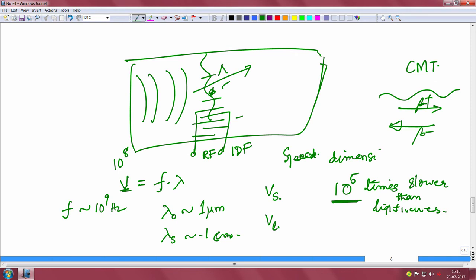This is an additional dimension to microwave photonics. So, the acoustic waves can link microwaves and light waves easily.